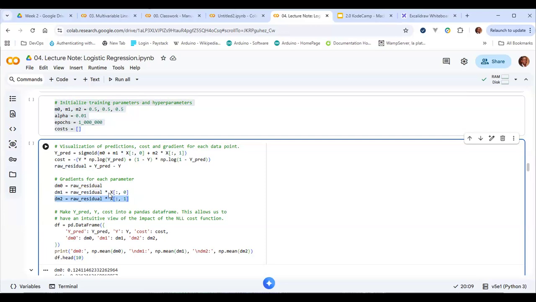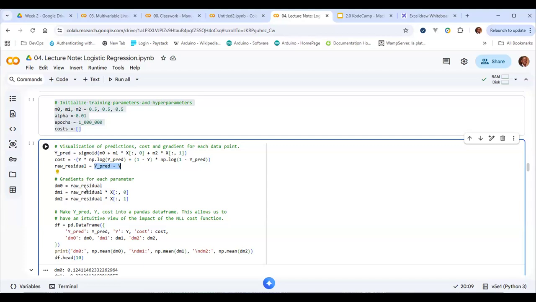But this time around, instead of taking each x separately, I stack the x's into a matrix. So I only pick the first column of x, really, because the first row is the first data point. This thing we call raw residual is the name you give to the difference between the predicted value and the actual value.